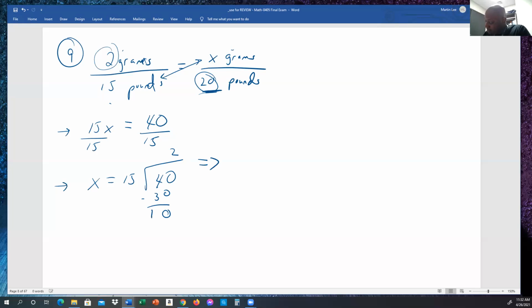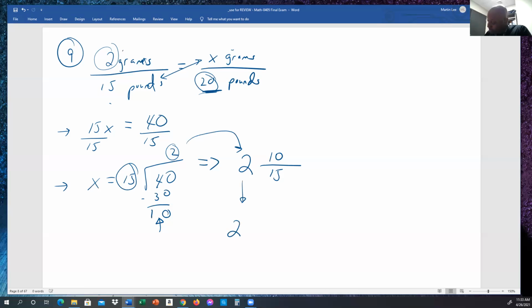So now we write this as our mixed number. 2 is the whole number. My remainder is the numerator, and the divisor is the denominator. Okay.